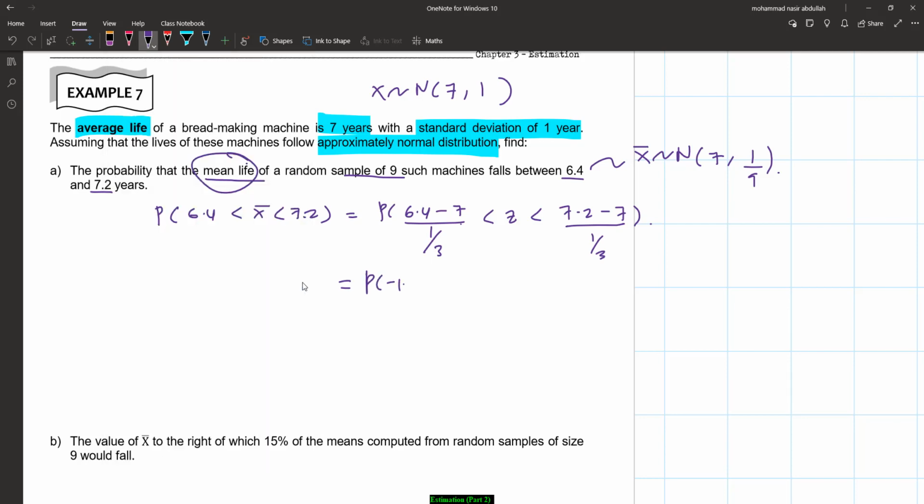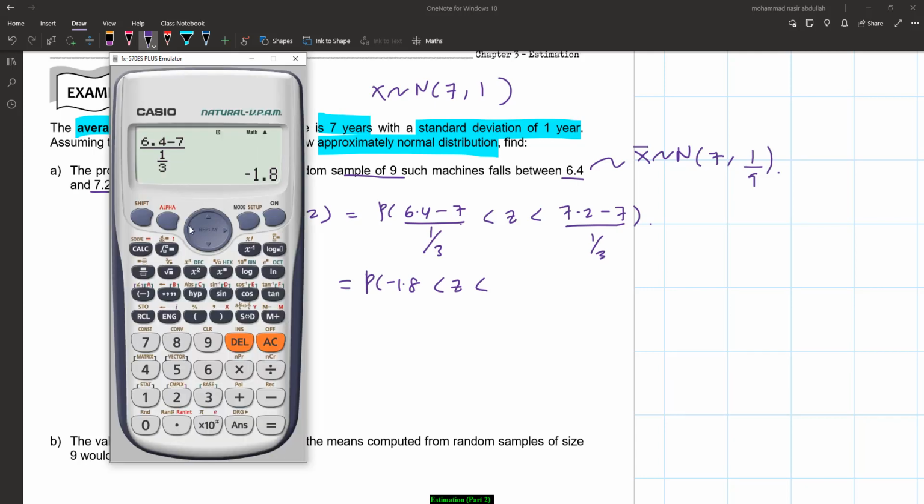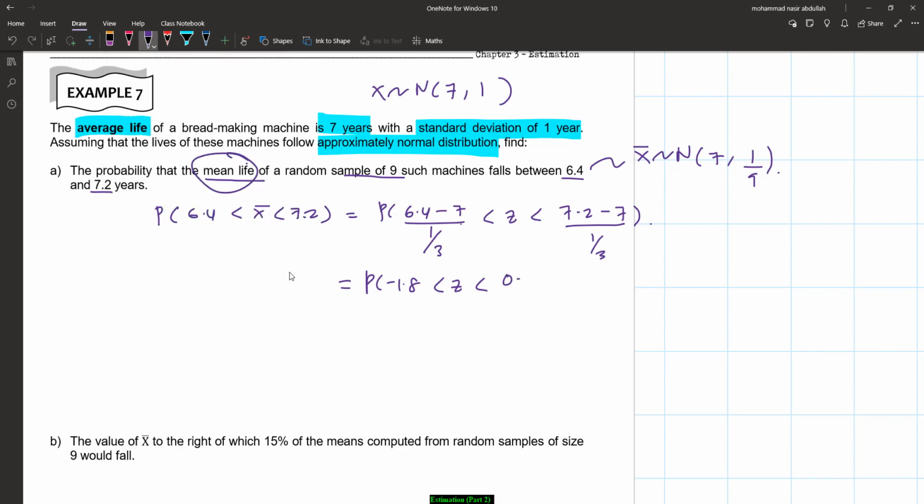So the probability is between Z equal to negative 1.8 and Z equal to 0.6. We can find this area in the statistical table.